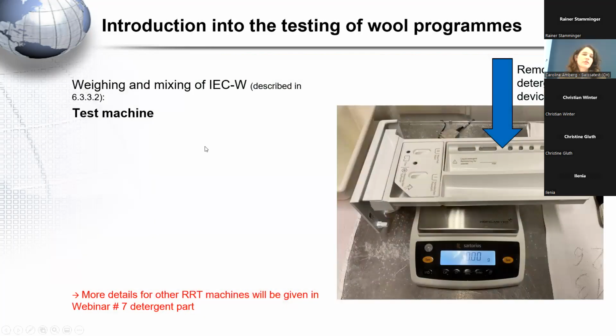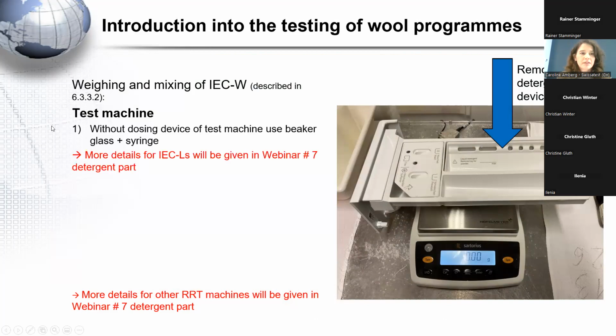Then for the test washing machine, weighing and dosing can be a bit more complicated, especially when there is no dosing device available which can be put on the scale. Then you have to use a beaker glass and a syringe, and there are several possibilities how to use that.